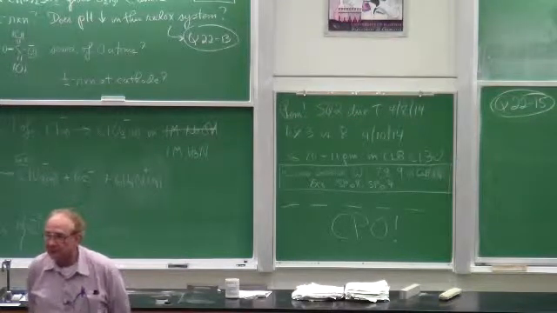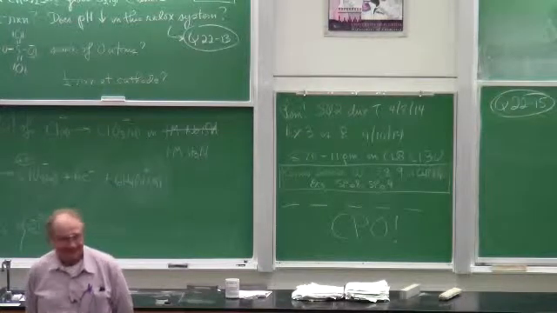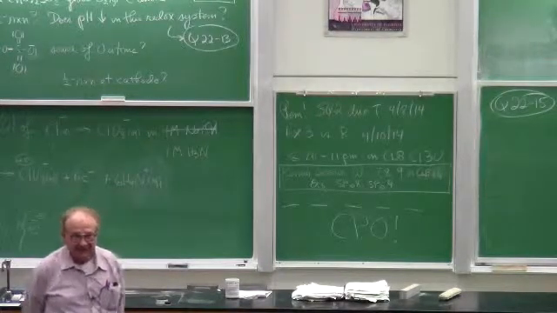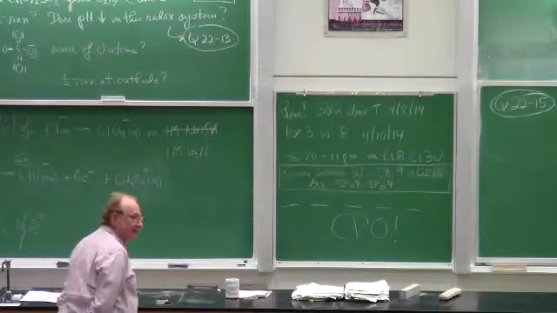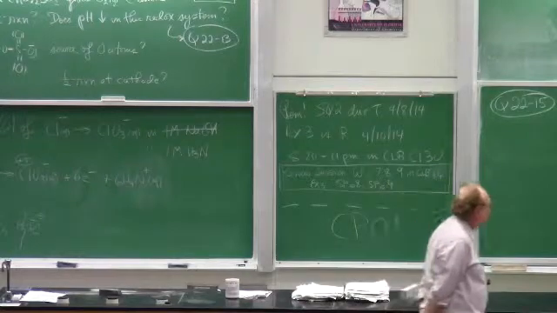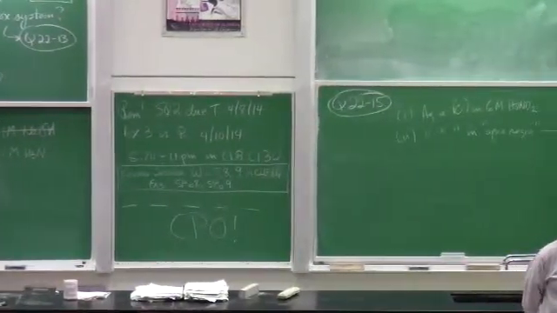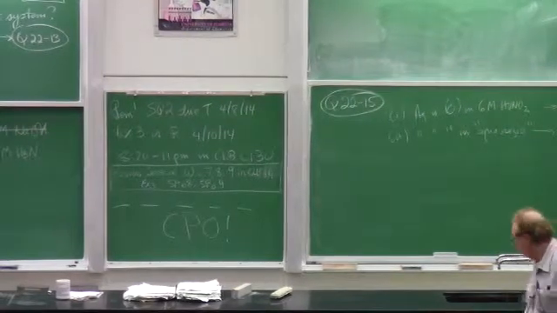Specifically, it's tetrachloroaurate minus, what's that? It's AuCl4 minus, a tetrahedral complex of gold. Well, we're not going to do that one now. We're going to do this one.